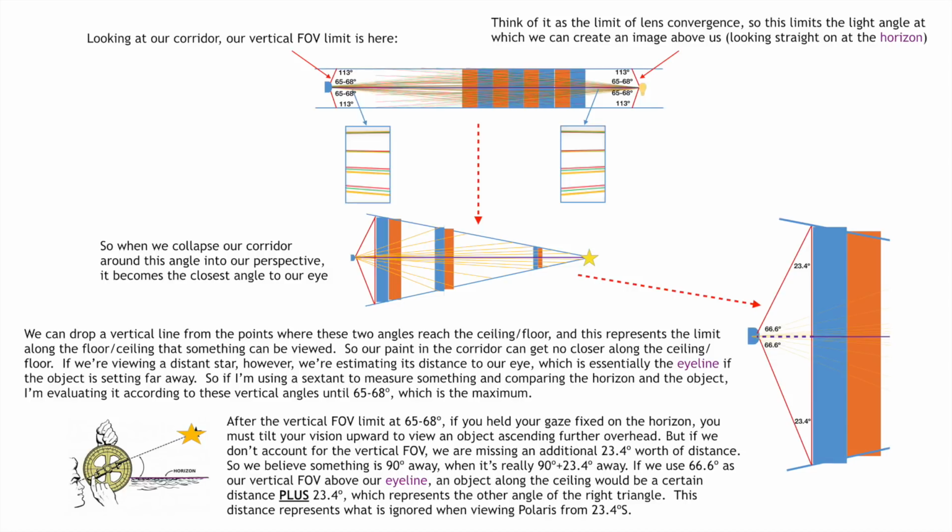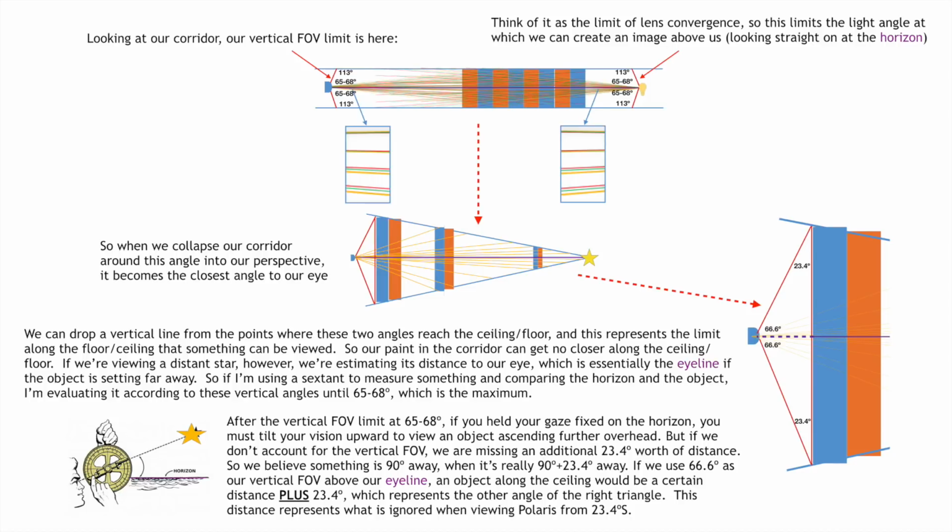We can drop a vertical line from the points where these two angles reach the ceiling and the floor, and again, it limits the distance along the floor or ceiling that something can be viewed above or below us. But again, on a straight line view, we can still see an additional 23.4 degrees further.